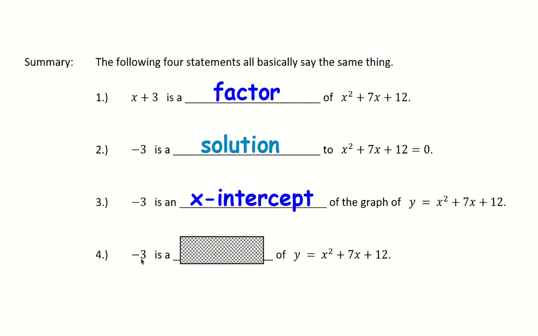And then negative 3 is a blank of this function. It's like, period. This is where you would technically be able to say the word 0. But whatever, these are all so close together. As long as you understand the relationship between x plus 3 being a factor and negative 3 being a 0 or a solution, you pretty much have the grip on this that I want you to have.